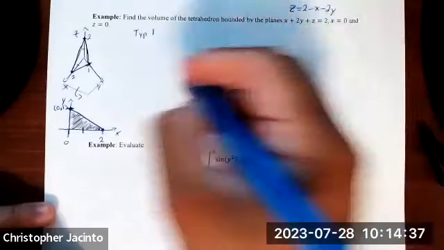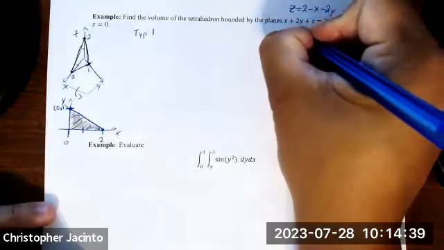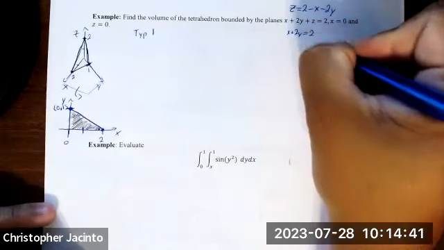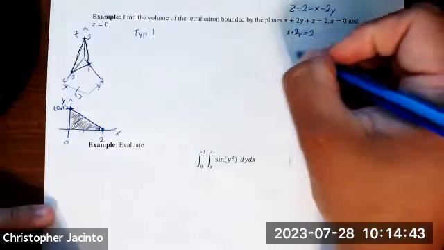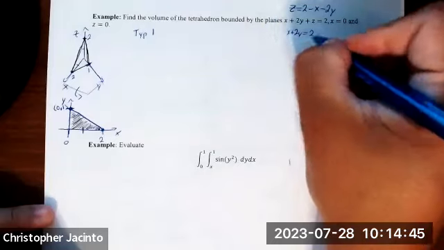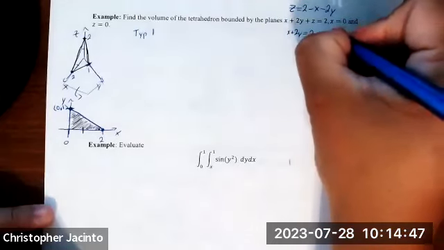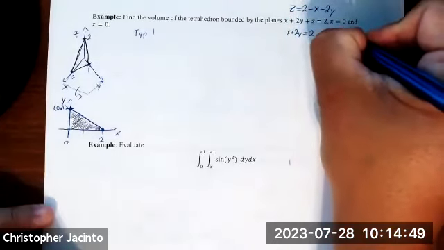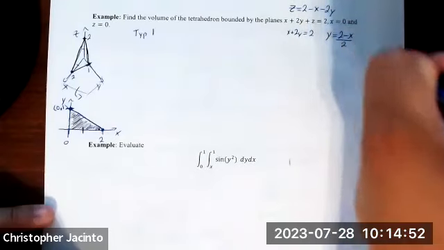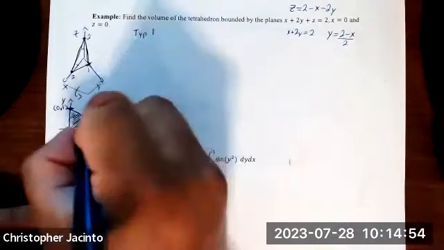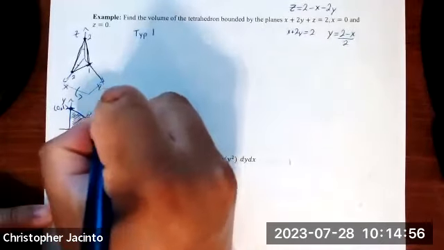So if we set z equal to 0, we now just get x plus 2y is equal to 2. And we could just solve for y. So bring this over, and then divide by 2, we get y equals 2 minus x over 2. And that's this function right here.